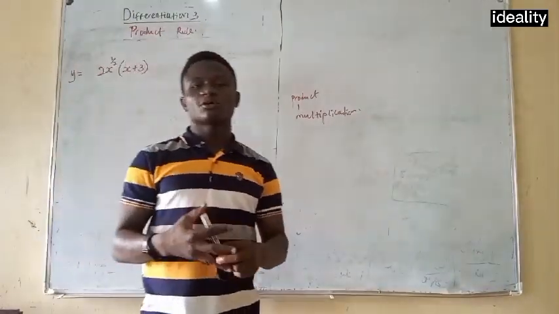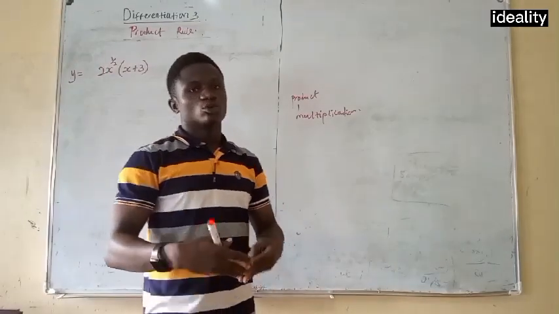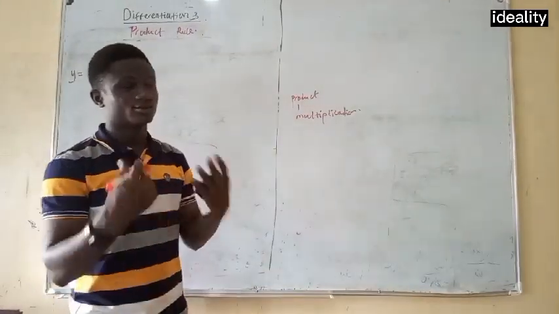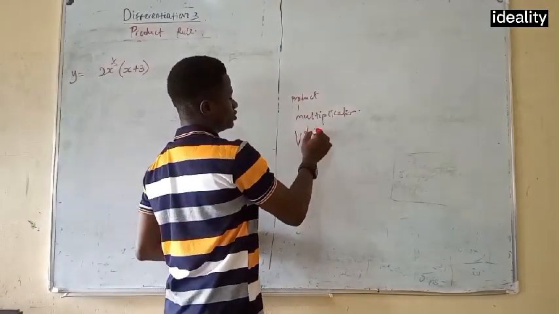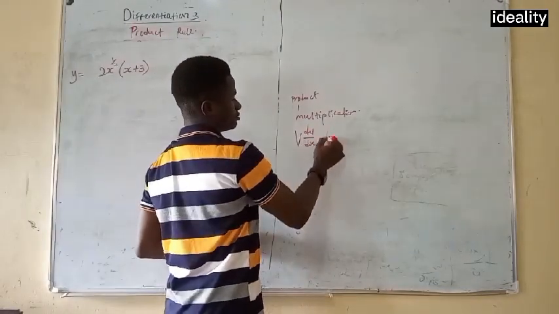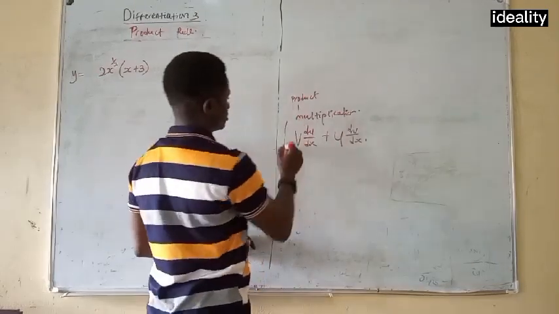So in any situation whereby we have two variables being multiplied, we use product rule. What does product rule state? Product rule states v du dx plus u dv dx. This is product rule.